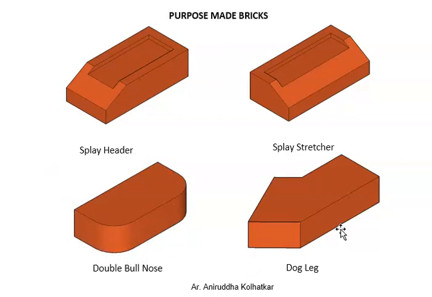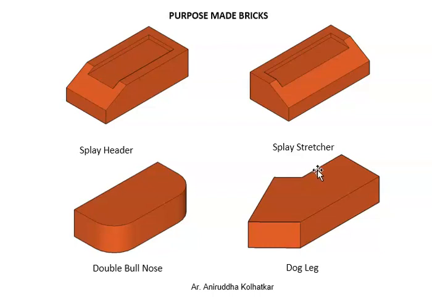The next one is the dogleg brick. The dogleg brick is specifically used when we are making rooms which have angles like a pentagon, hexagon, polygon, any polygonal shape of a room. Then at the corner of these polygonal rooms, special bricks will be required where this angle between the two arms of this brick is going to be more than 90 degrees.